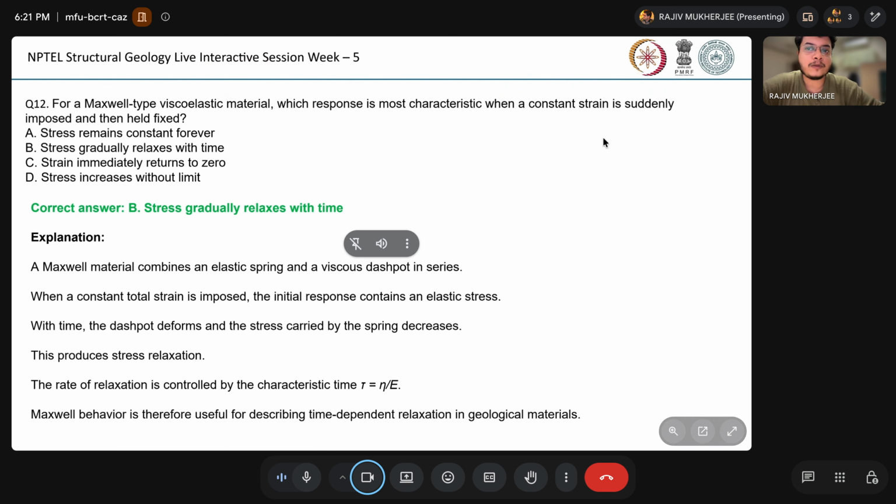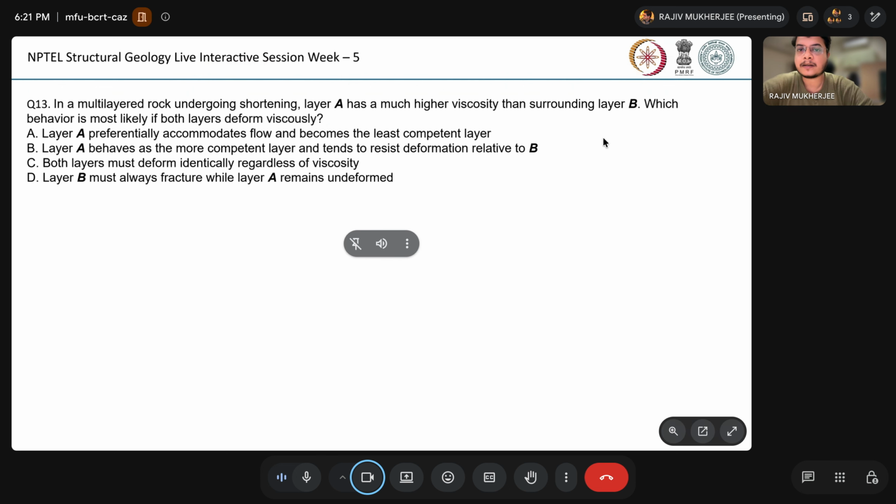Okay, so moving on to the next question, question number 13. In a multi-layered rock undergoing shortening, layer A has a much higher viscosity than surrounding layer B. So which behavior is most likely if both layers deform viscously? Option A, layer A preferentially accommodates flow and becomes the least competent layer.